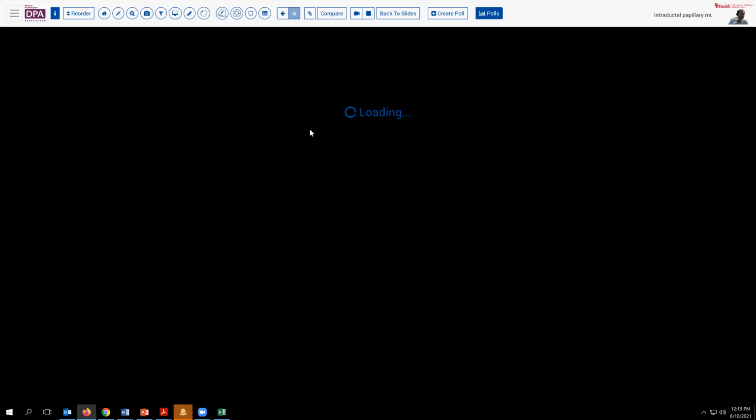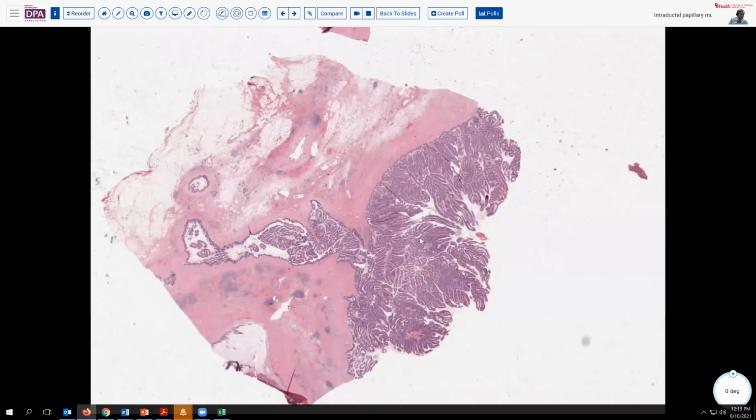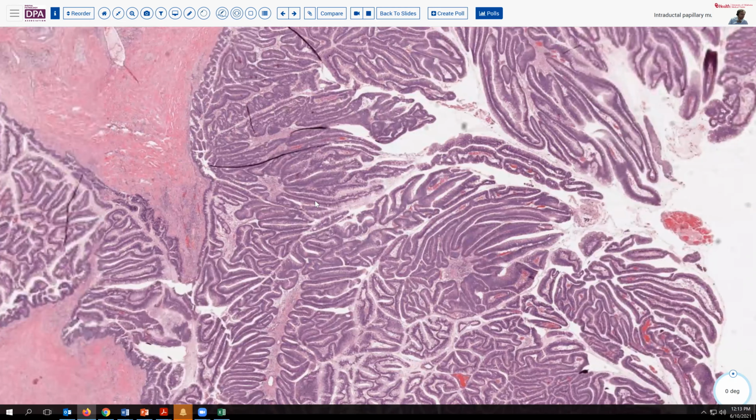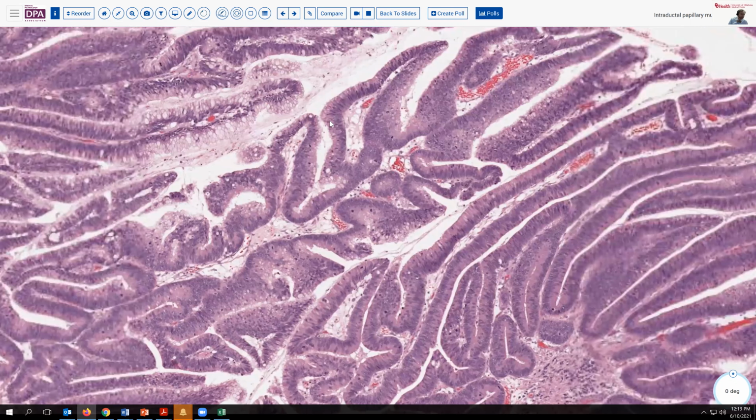Here, I'll show you another example of the papillary mucinous neoplasm with very florid papillarity, obviously, and this is more intestinal type epithelium that shows a degree of dysplasia, because you've got areas where you've lost the cytoplasmic mucin, the nuclei are more stratified and so forth.